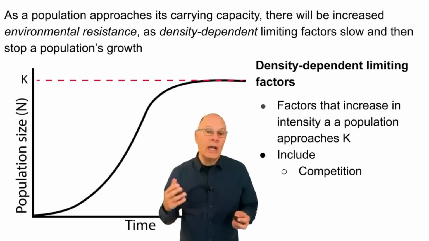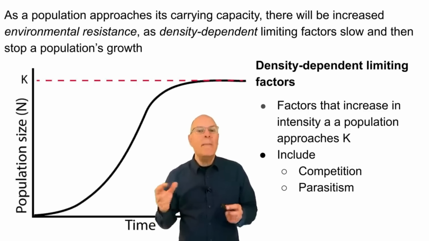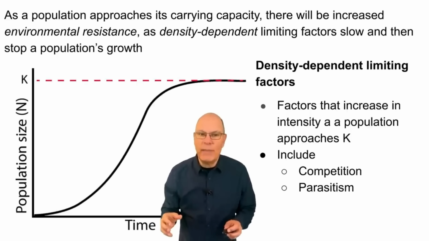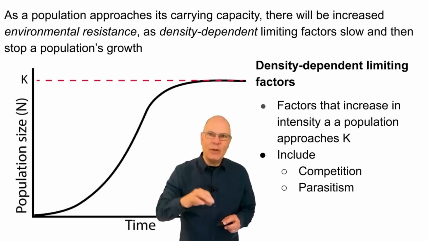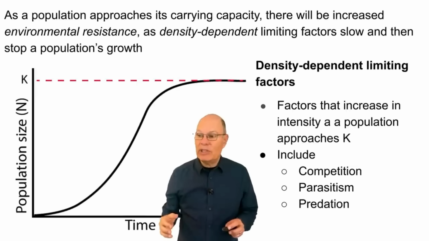They include competition between the individuals in the population for resources, parasitism, parasites that are parasitizing the individuals in the population, and it gets easy for those parasites to spread from one individual to the next as the population increases.